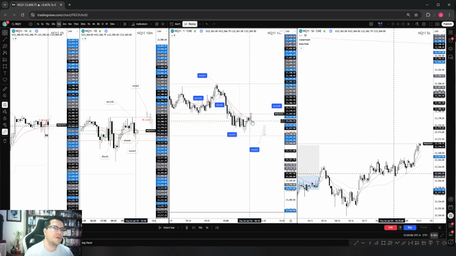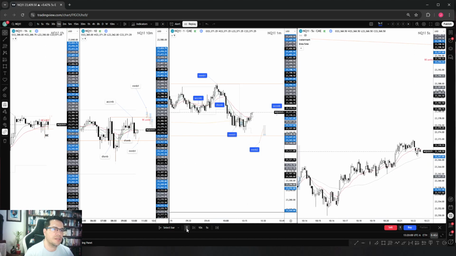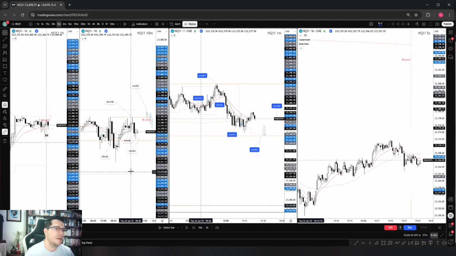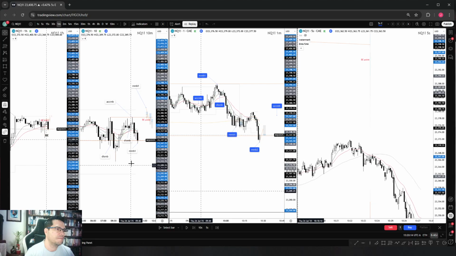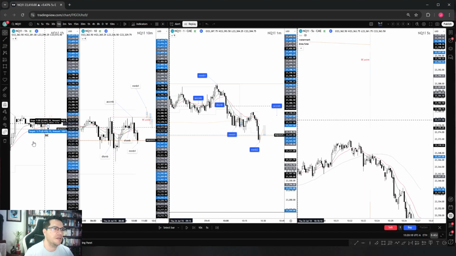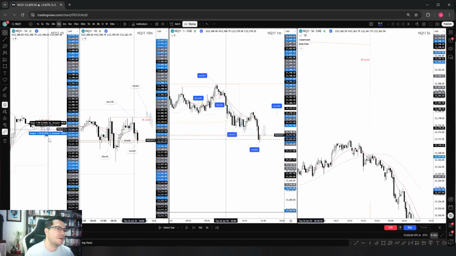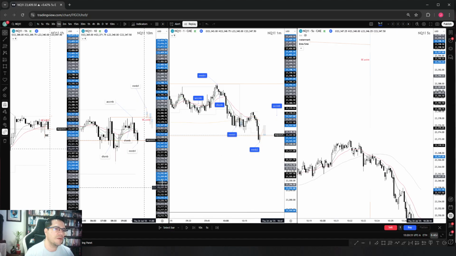Price goes below the EMAs. So this is a kind of a key moment for us here to see if price is gonna continue to the downside, going below the EMAs on the C2, on the C1 as well, going down.